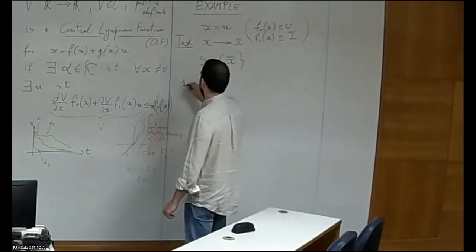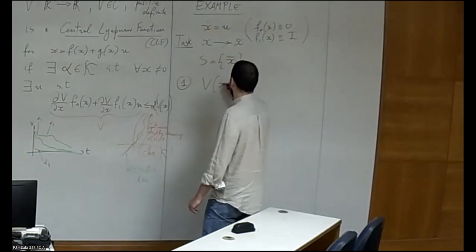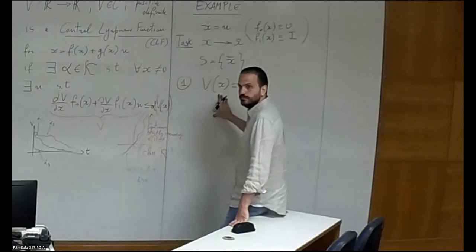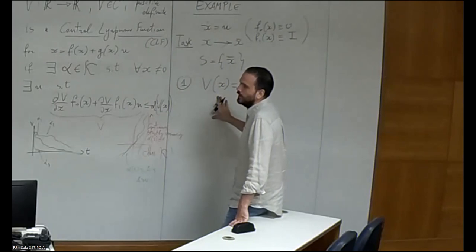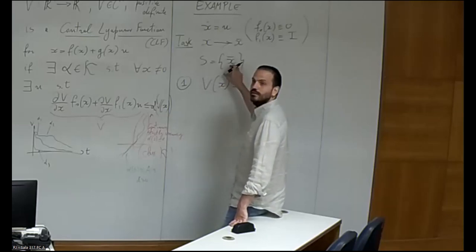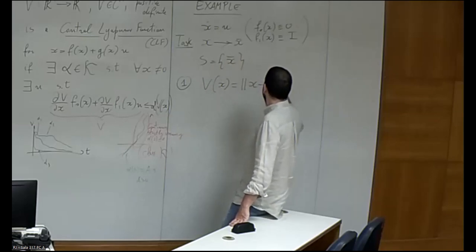Step one is to define the Lyapunov function, V of x. This has to be positive definite, and we need it to go to 0 when x goes to this set S. So an easy candidate would be this.